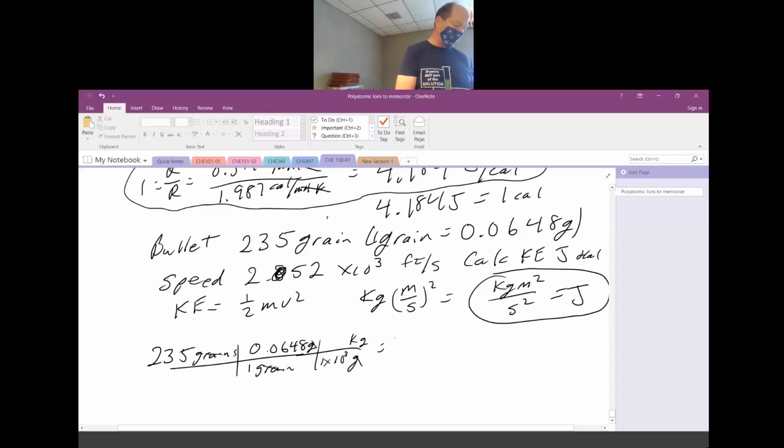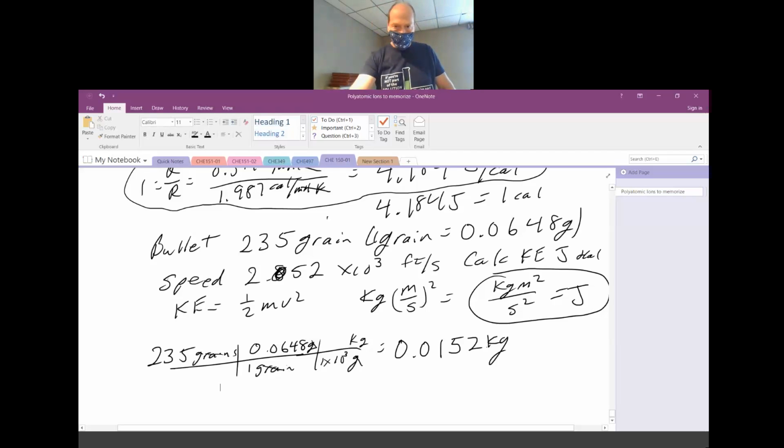So 235 times 0.0648 divided by 1 times 10 to the third. And it is 0.0152 kilograms. All right, so now we have the mass in the correct units.